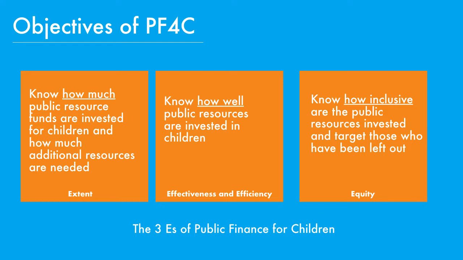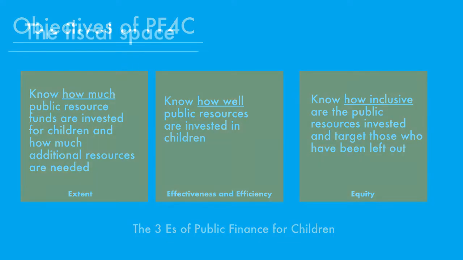The second and the third E put together are the effectiveness and the efficiency, which tells us how well public resources are actually invested in children. And the last E is on the equity, which tells us how inclusive are public resources invested and target those who have been left out. Because in most cases, it's the last child who's normally left out.